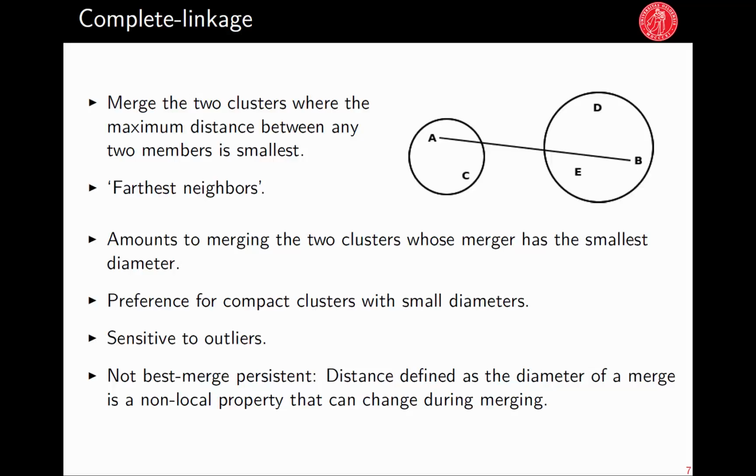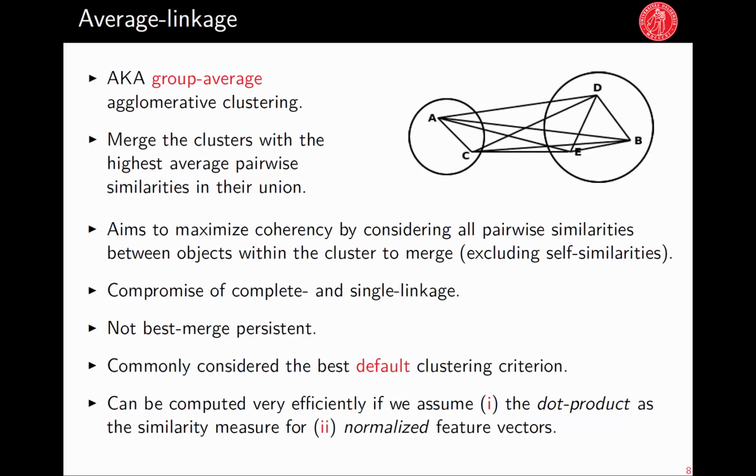If you go back to complete linkage, the measure we use here for comparing A and B, or all the other points within the clusters, could be any similarity measure that we think is useful. It wouldn't have to be a measure that relies on a vector-based representation of our data. Okay, so that's just worth bearing in mind, that this is actually more general and not inherently tied to a vector-based representation of our data.